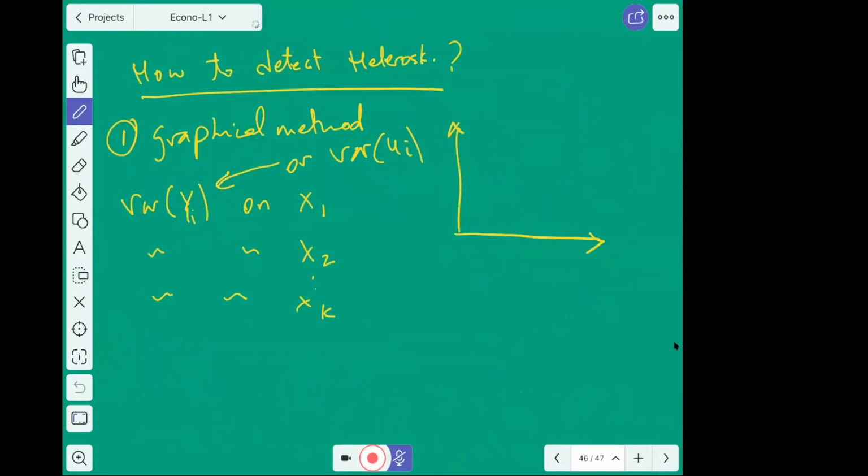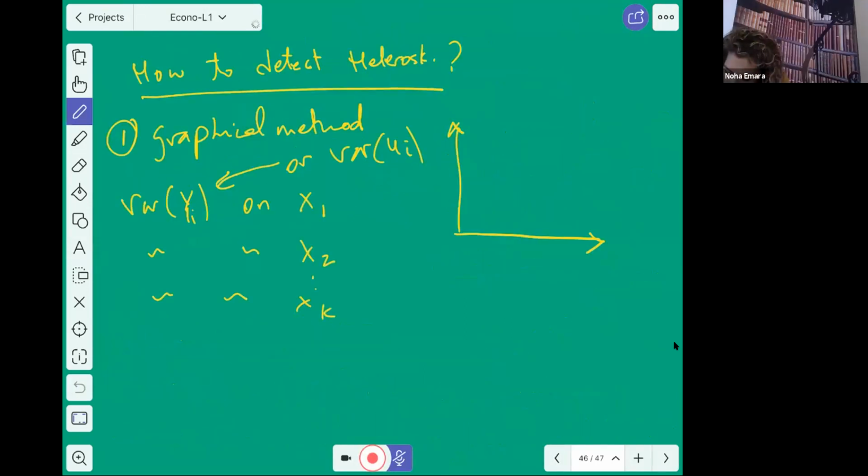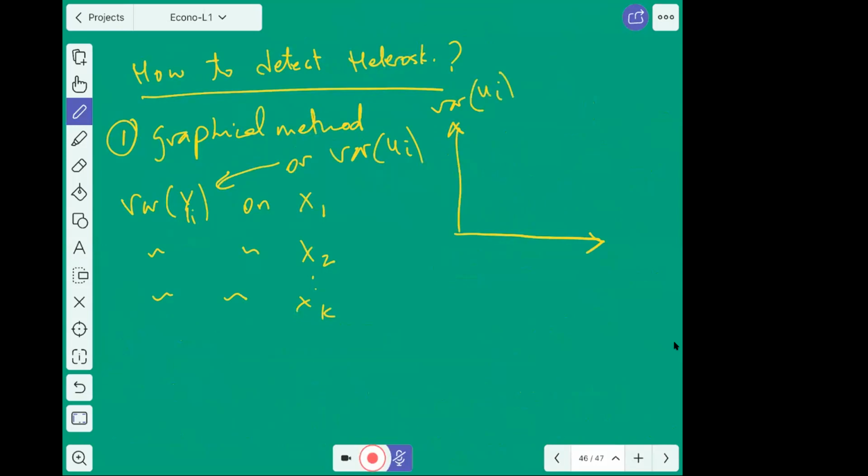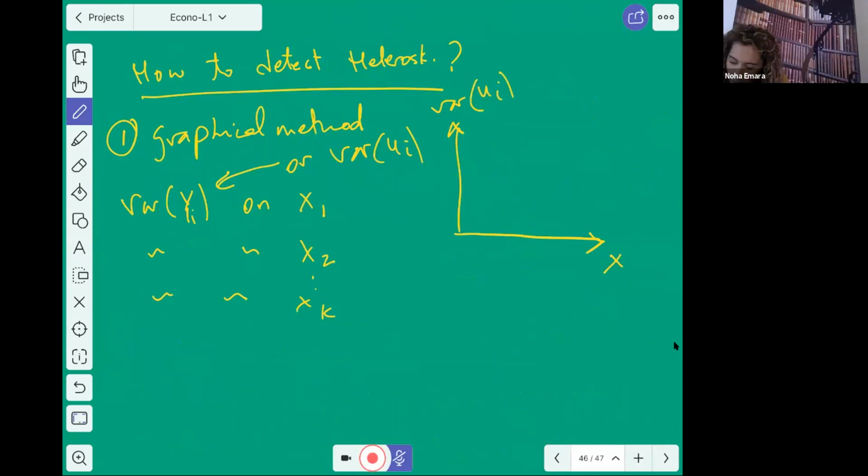So you take the variance on the y-axis. Here I usually use the variance of u on x1, and then I repeat it with x2, and with xk, and so on. Every time I have the variance of ui. What do you mean by the variance of ui?